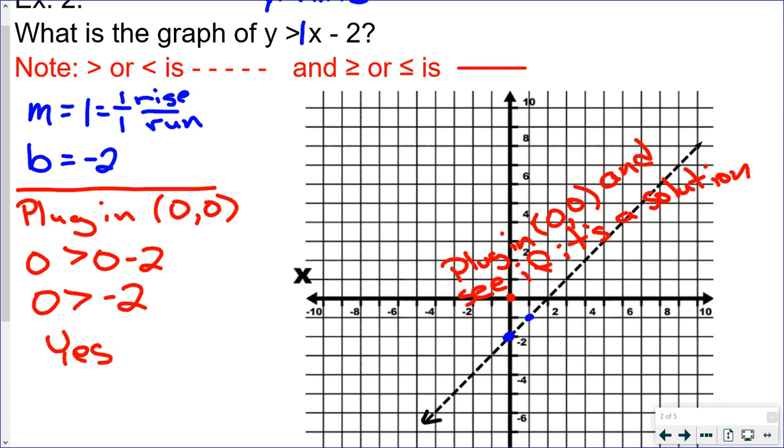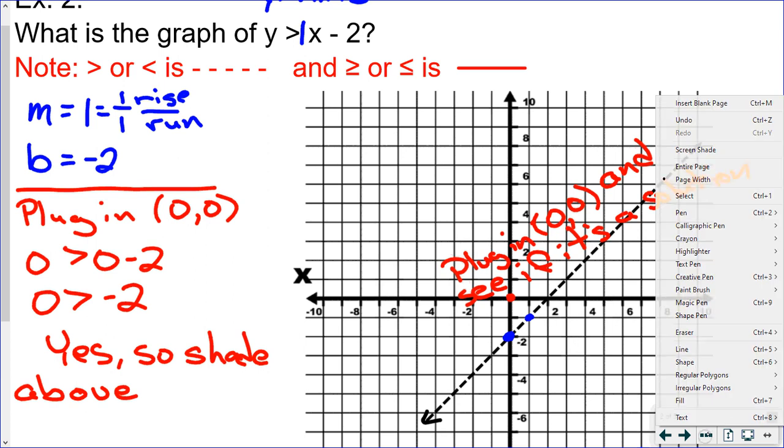Yes. So the way that we show that the solutions are above the line is by shading this area above the line. And that means any point above this line is a solution to this linear inequality. Yes, so shade above.